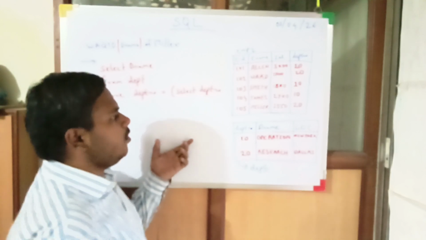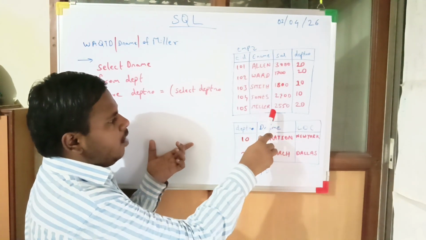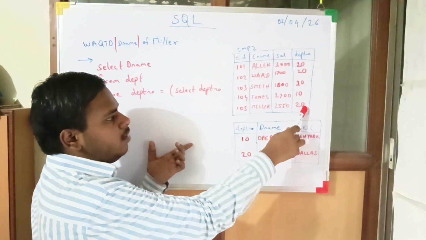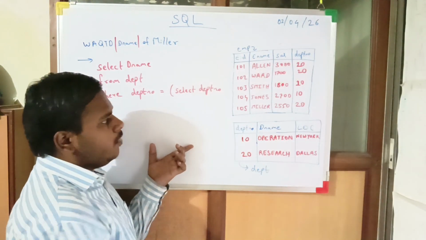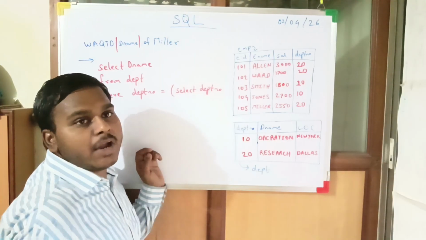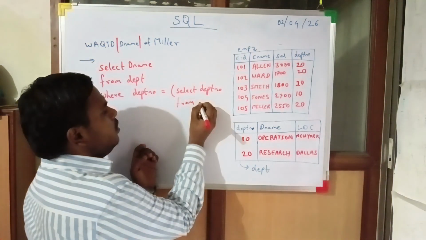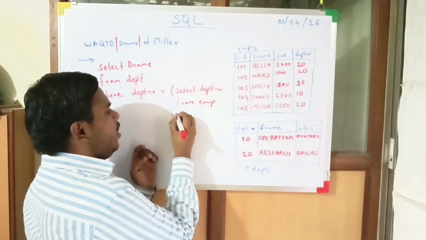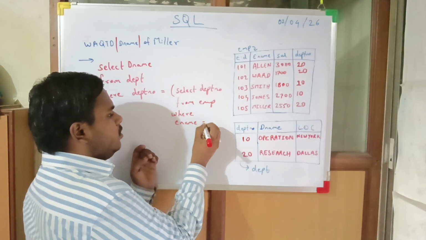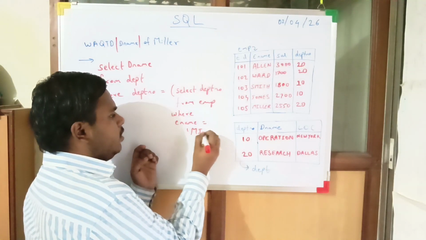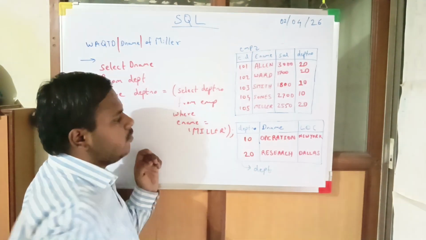From which table do I want it? I want the Miller details. See how we are finding that Miller's department number, 20, is there. So I want the inner query output to be 20. How to get the department number of Miller? Select department number from EMP where ENAME is equal to Miller. This is how we will write the inner query.